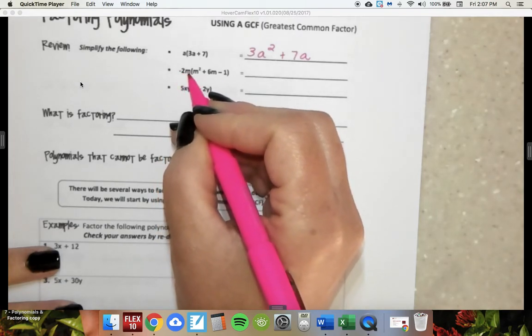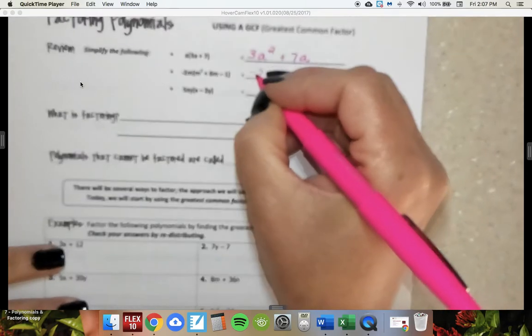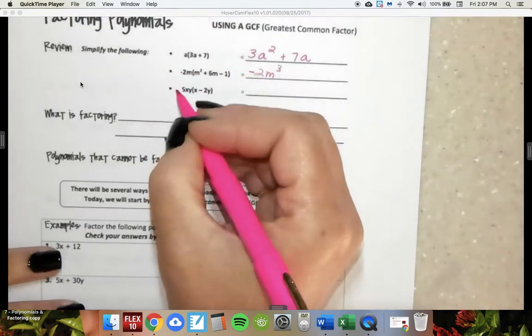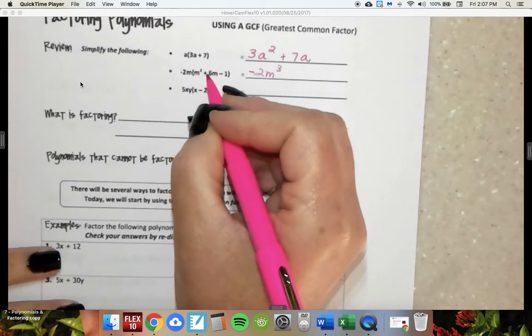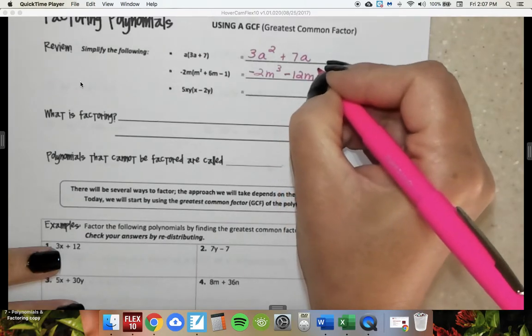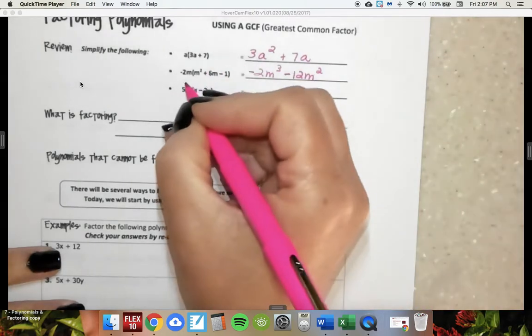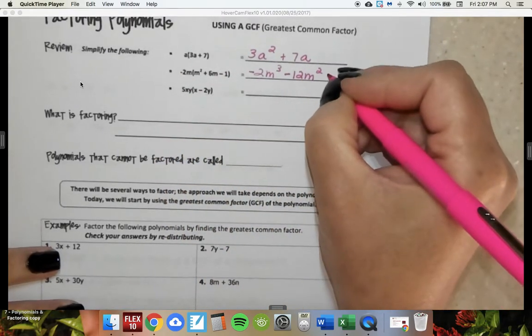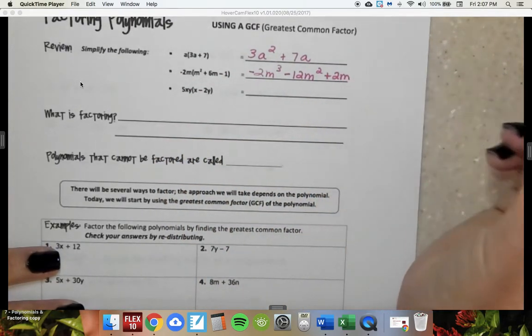So negative 2m times m squared is negative 2m to the third. Negative 2m times a positive 6m, that would make a negative 12m squared. And a negative 2m times a negative 1, negative times negative makes positive 2m.